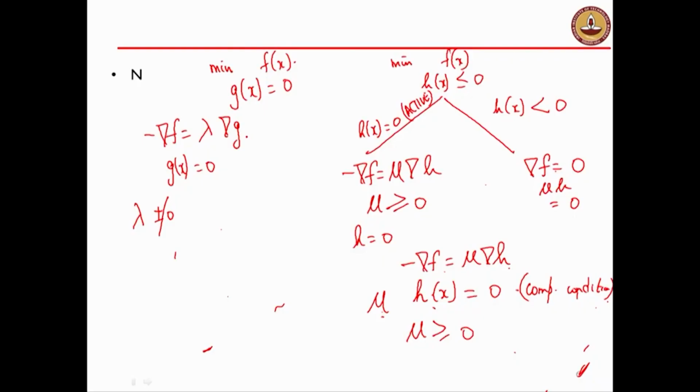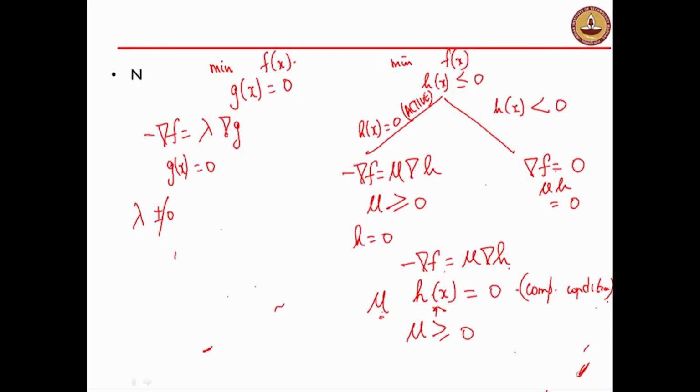For equality constraint optimization problems, minus grad f is anyway equal to lambda times grad g, and lambda can be positive, negative or 0, there is no condition. For inequality constraint optimization problems, the Lagrange multipliers have to be non-negative, and in addition, the complementarity condition has to be satisfied, which means at least one of the two conditions has to be satisfied. Either the Lagrange multiplier is equal to 0 or the constraint is active.